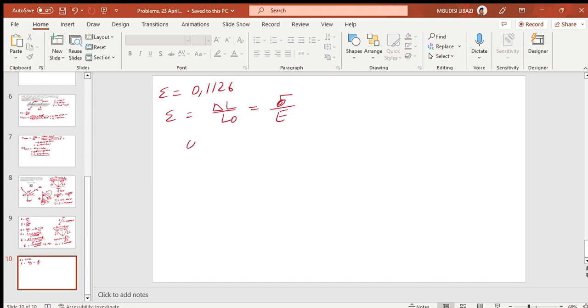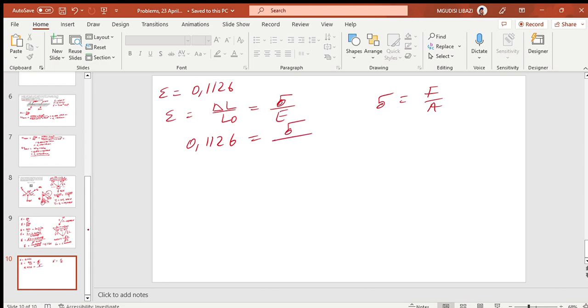We know this is 0.1126, and stress is force divided by area.